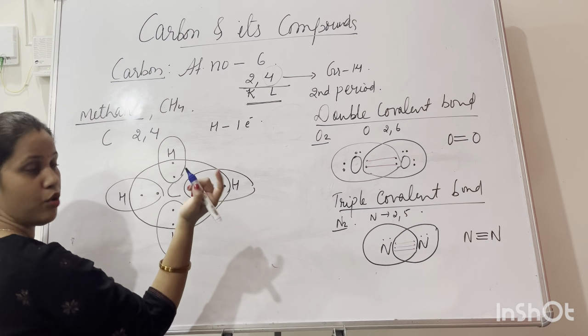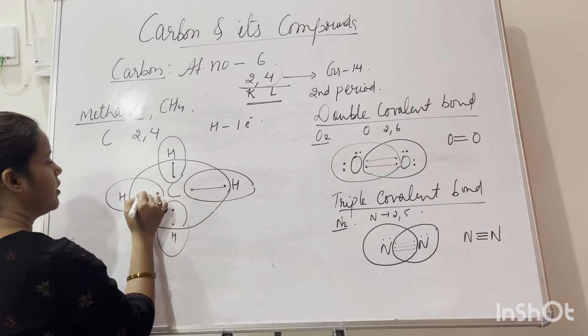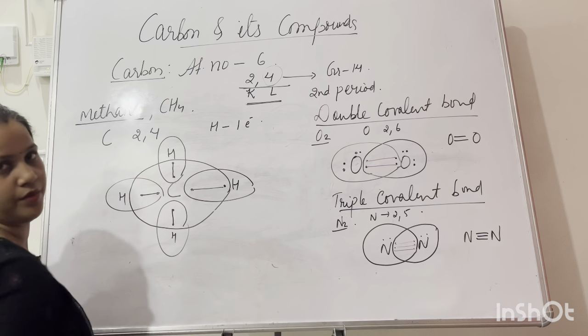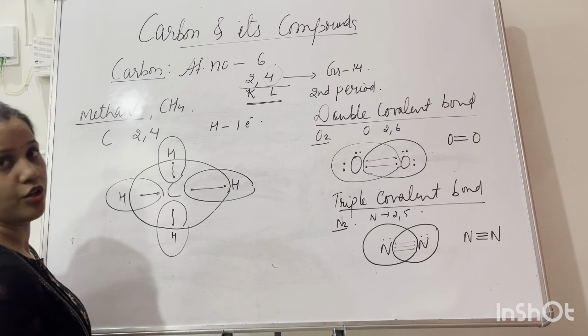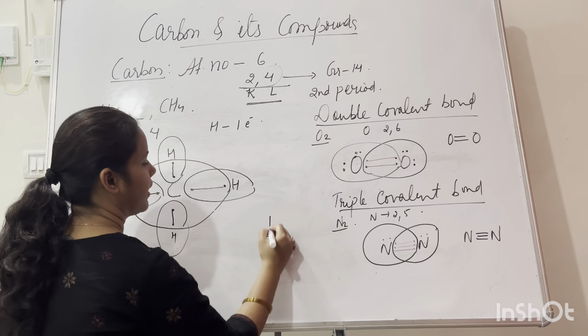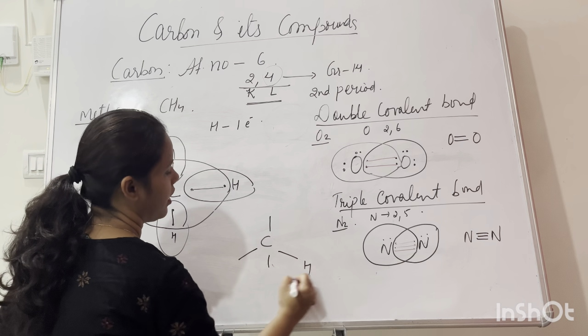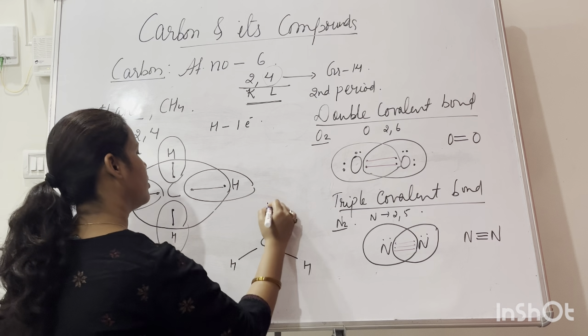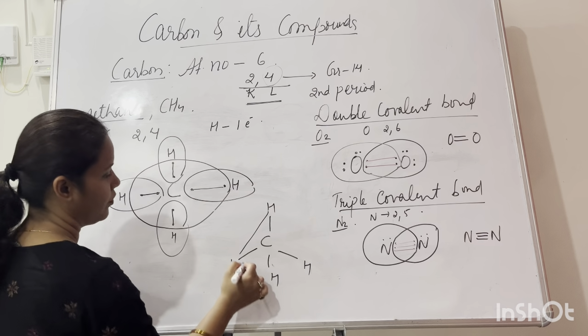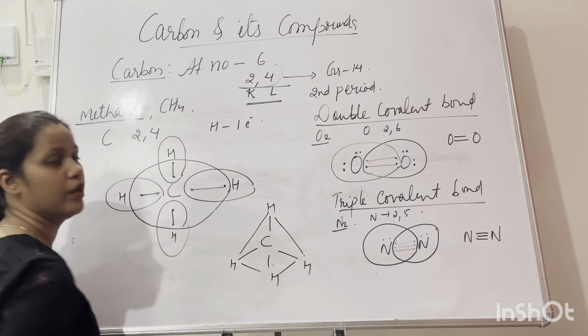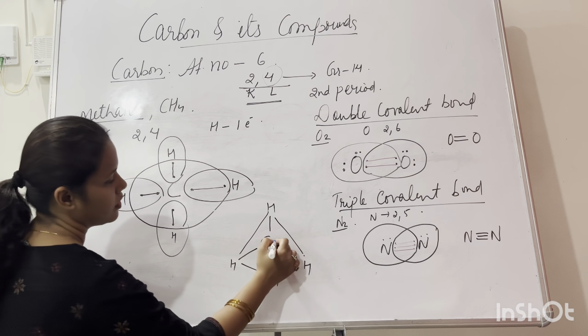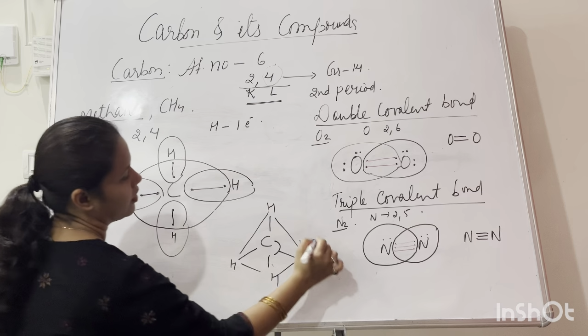Single bond, single bond, single bond and single bond. The actual structure of methane is like this, which you will be studying in higher classes. So this is a methane molecule, 4 single covalent bonds, and this angle is 109 degrees.